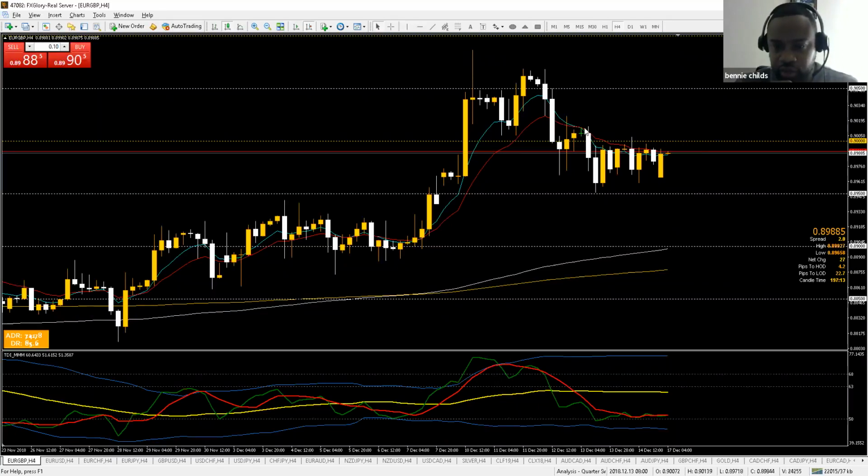This green one right here, this is a doji candle, and so this basically says that the market is at a point of exhaustion and it hasn't decided which way it wanted to go, and you don't know which way it's going to go until the next candle prints.